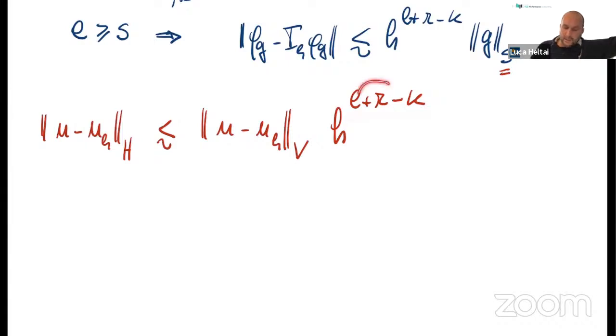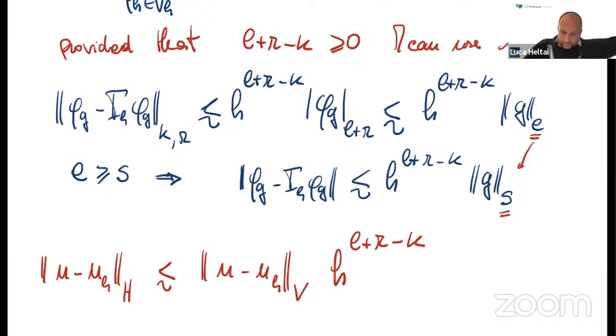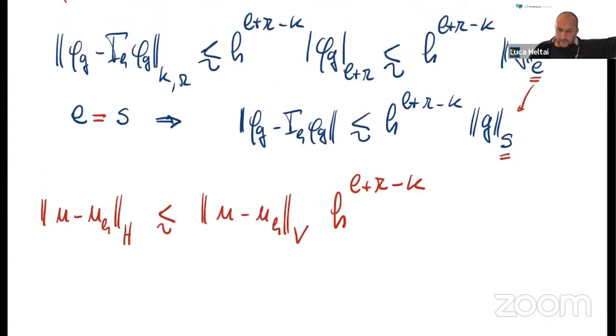And for us, we say that this is R. And if you use L2, then this L here is a number that is equal to the regularity of G. Sorry. I'm using this, let me just use L equal S in this equality, not greater or equal, because otherwise I would have to put things there, and this is S plus R minus K. Sorry, otherwise things don't work. And I'll show you what happens in the other case.